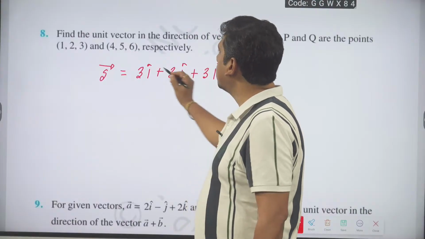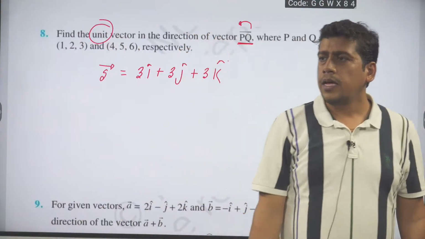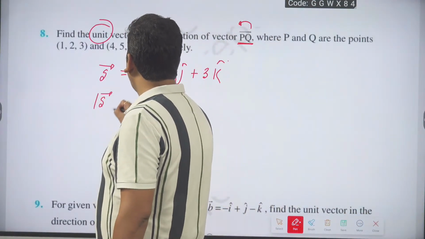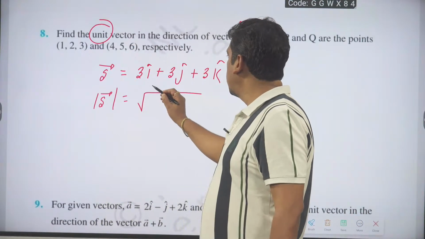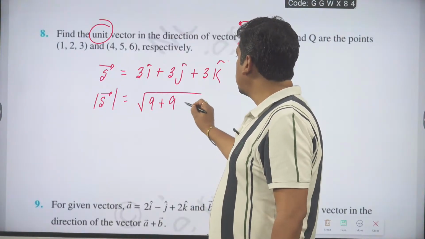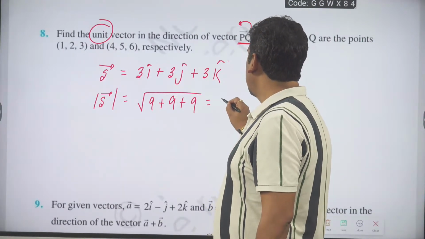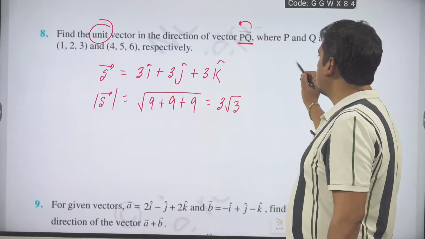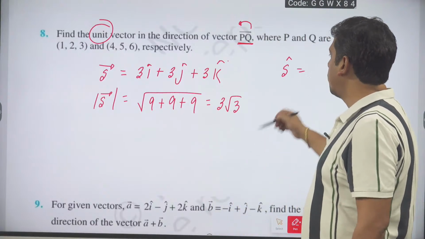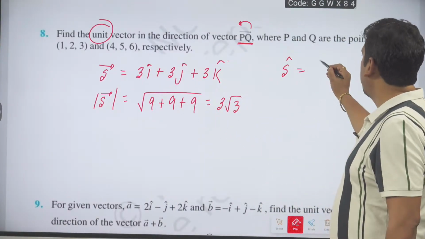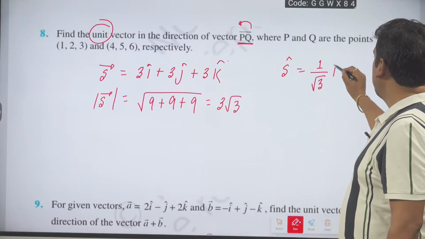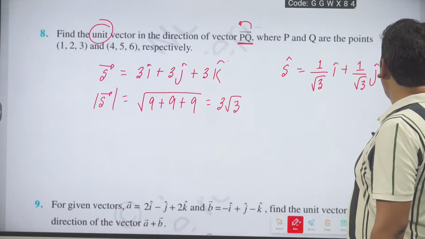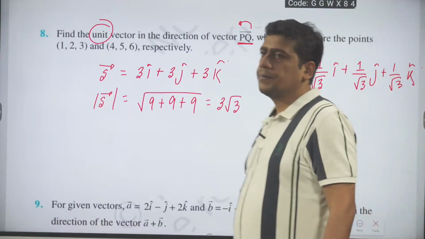But this is not the answer, because they are interested in unit vector. That means you have to find the magnitude also. The magnitude will be 9 plus 9 plus 9, which is root 27. So the unit vector will become 1 by root 3 i cap plus 1 by root 3 j cap plus 1 by root 3 k cap.